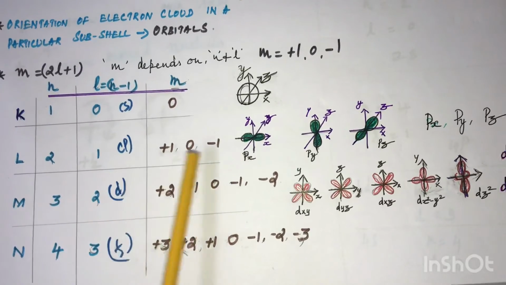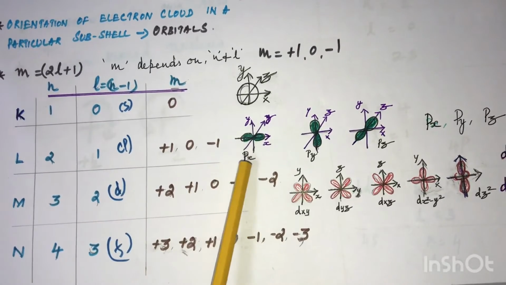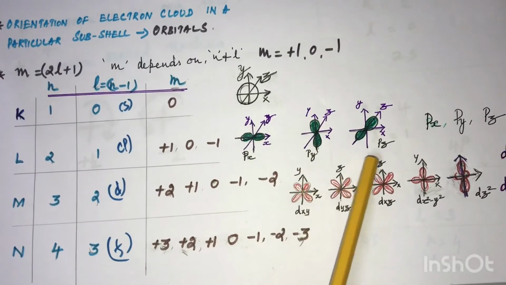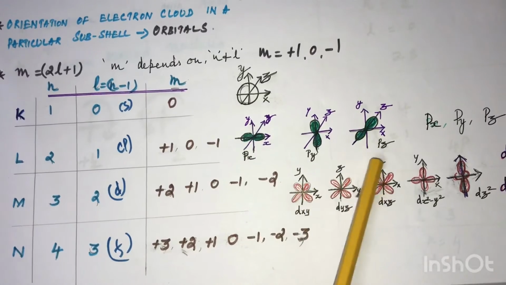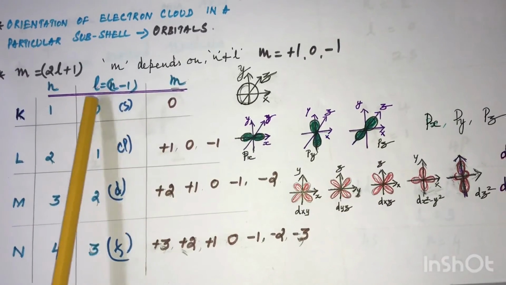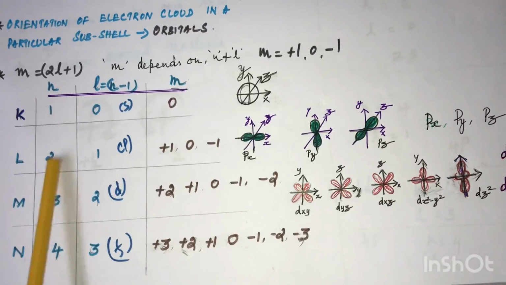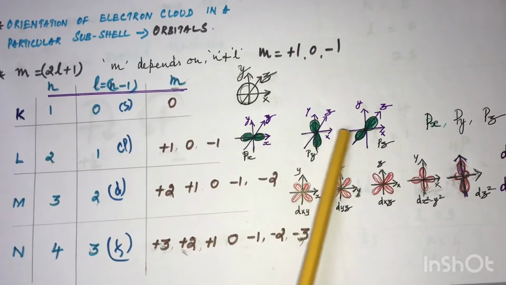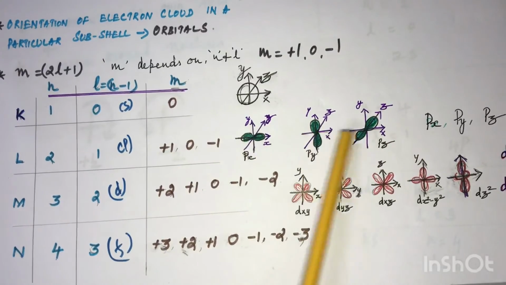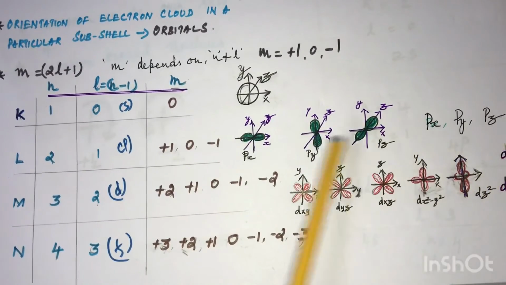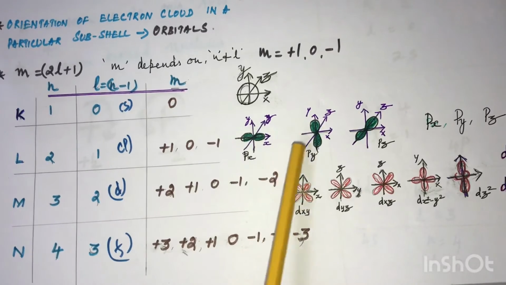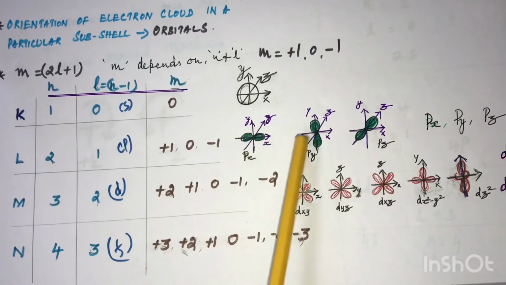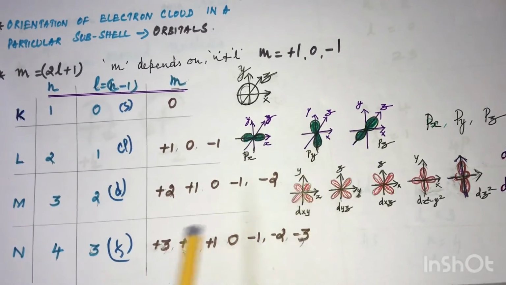So p orbital has 3 orientations in space: along the x axis it is px, along the y it is py, along the z it is pz. So according to n value 2, l value 1, m has 3 values, thereby p orbital has 3 orientations in space: px, py, pz. And it is dumbbell shaped. The center point is called a node, where the probability of finding an electron is 0.